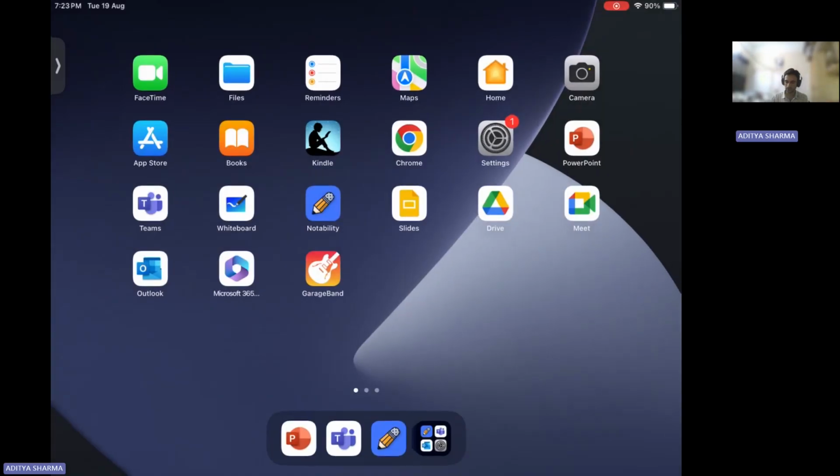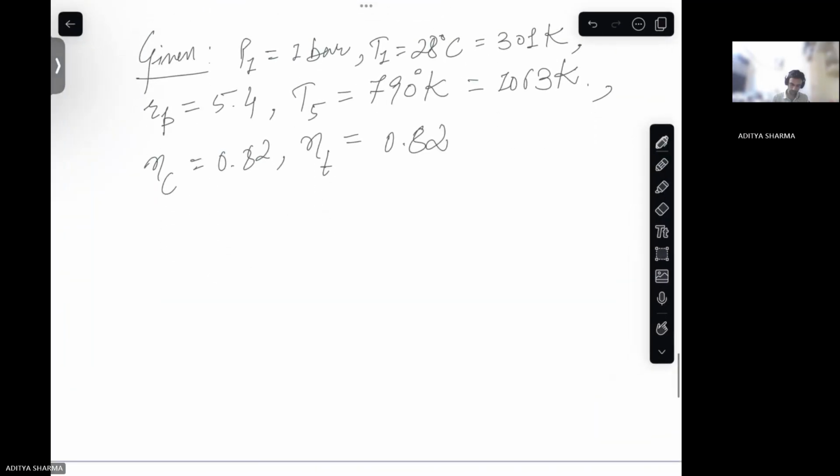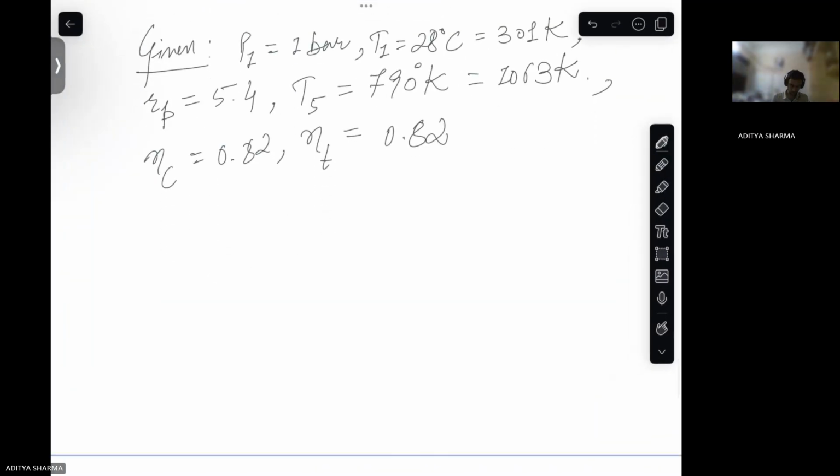For both the compressors, question number 4 solution.